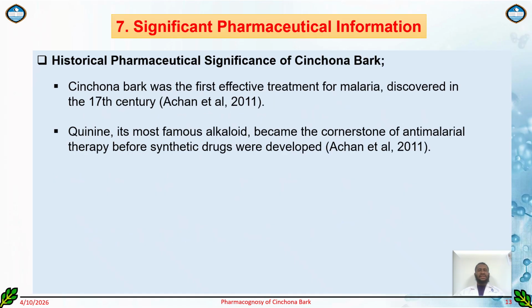7. Significant pharmaceutical information of cinchona bark. Historical pharmaceutical significance of cinchona bark. Cinchona bark was the first effective treatment for malaria, discovered in the 17th century. Quinine, its most famous alkaloid, became the cornerstone of anti-malarial therapy before synthetic drugs were developed.